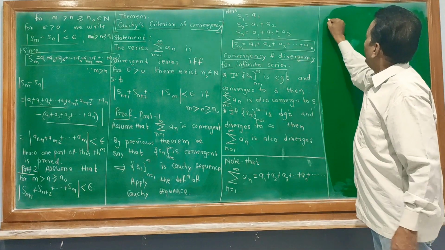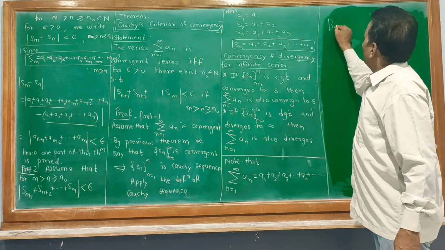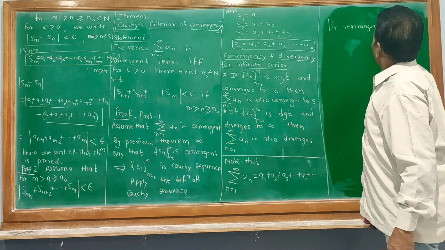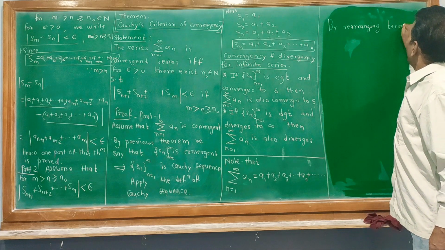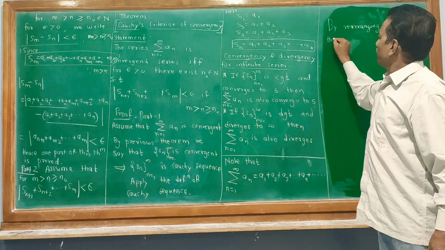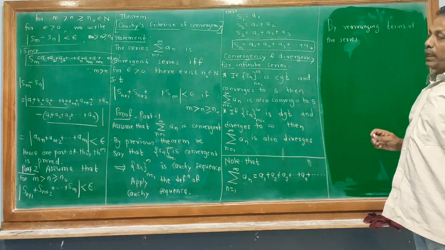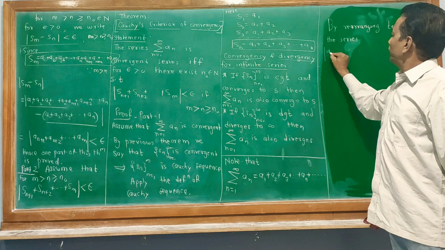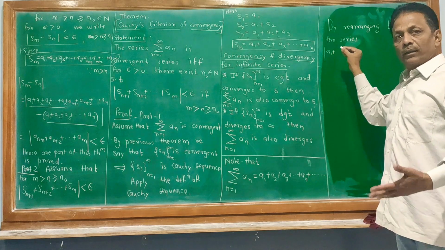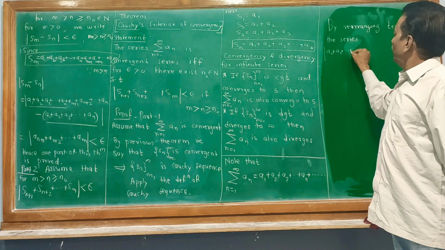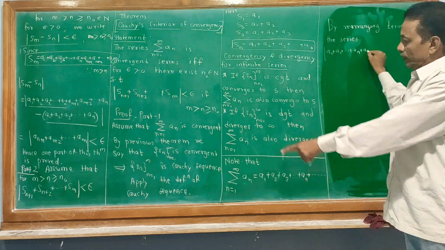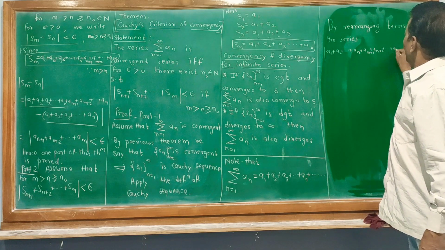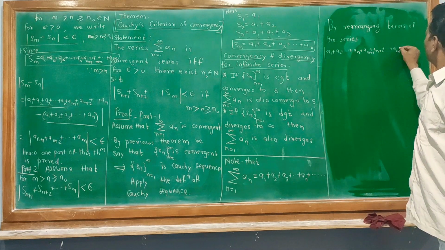That is, by rearranging terms of the series, we write like this: add A1 plus A2 plus up to Am, those terms remain as they are, and subtract these terms.